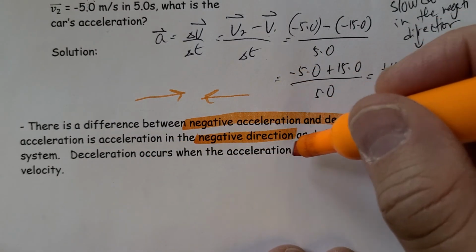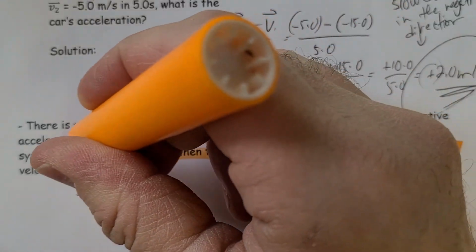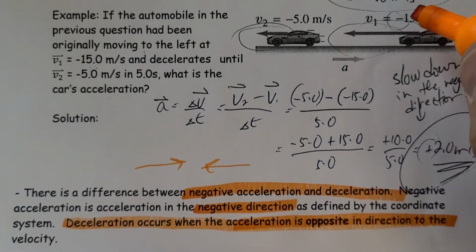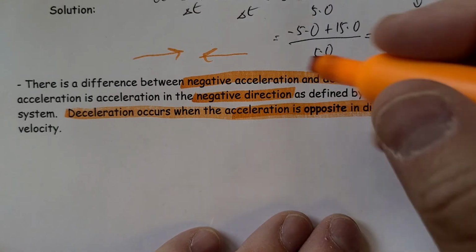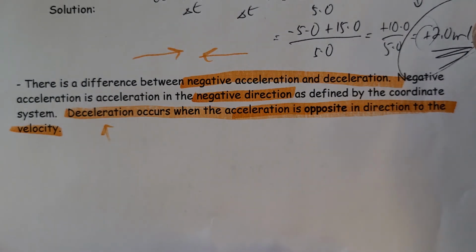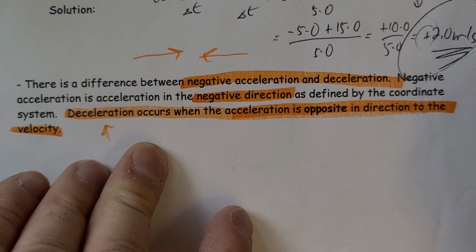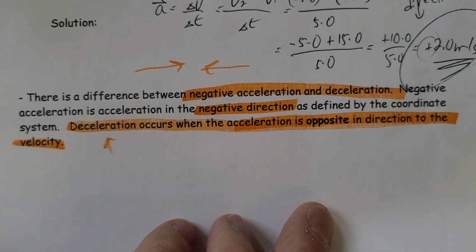Deceleration occurs when, as mentioned, the acceleration has an opposite sign to the velocity; you know we're going to be slowing down and experiencing deceleration. Whereas if my acceleration and my velocity signs line up, I will be speeding up in that particular direction.